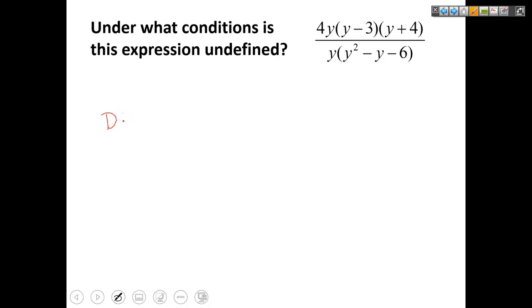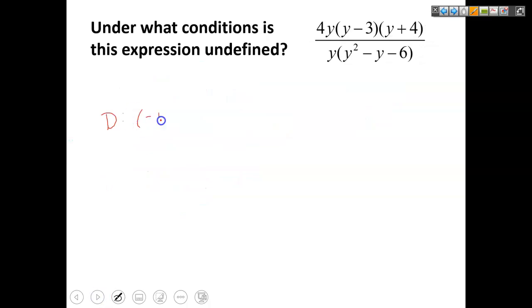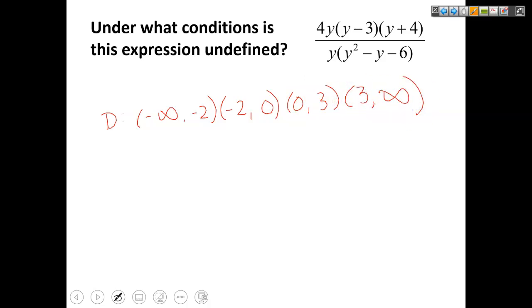My domain would be -infinity to -2, not including -2; -2 to 0, not including 0; 0 to 3, not including 3; 3 to infinity. The conditions on which it is undefined is anywhere that denominator would equal 0.